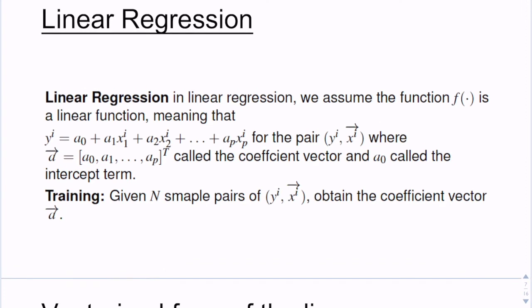In linear regression, we assume the function that maps the input to output is a linear function. That means the output is a linear combination of the input features. As you see here, the output for sample i is equal to a linear combination of the input features. I have p plus 1 features.